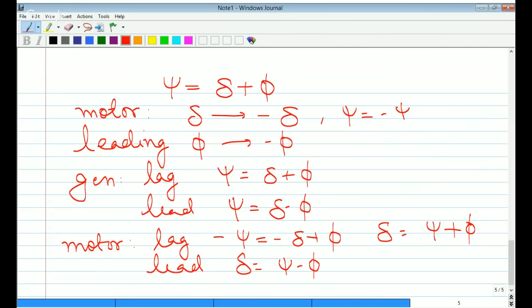I have just replaced here phi by minus phi. So this sort of relation you can always remember so that you do not have to remember different relations between the internal power factor angle and the power factor angle. You just remember one relation, that is for generator and lagging power factor, and then all the relations can be derived on that basis.